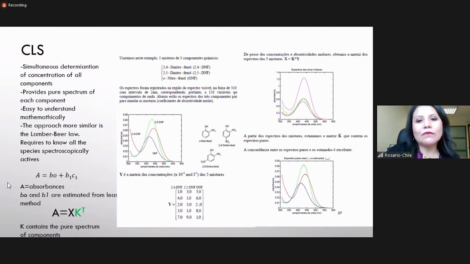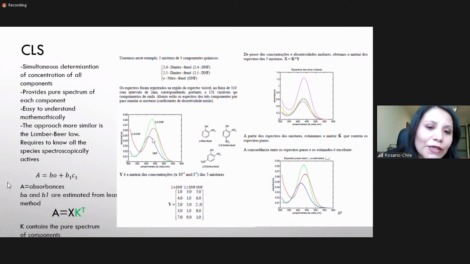So here I show you some applications. This is a very simple application, because we have three compounds here: 2,4-dinitrophenol, 2,5-dinitrophenol, and orthonitrophenol, and we have the spectra of each component. And the spectra of each component show a great overlapping of those compounds.